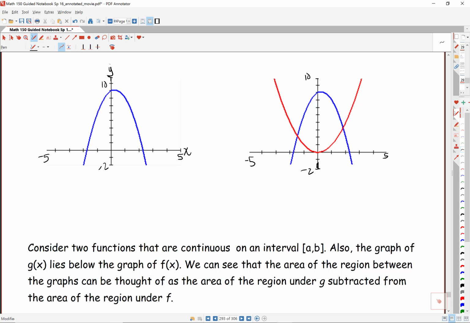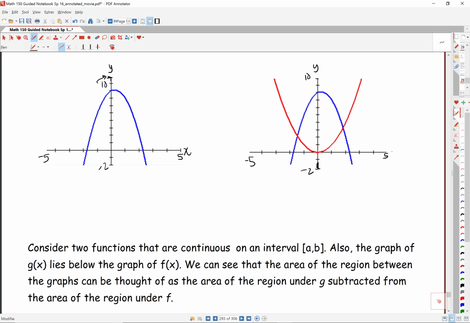Okay, so this 10 is over here. And this is, of course, y, and this is x.